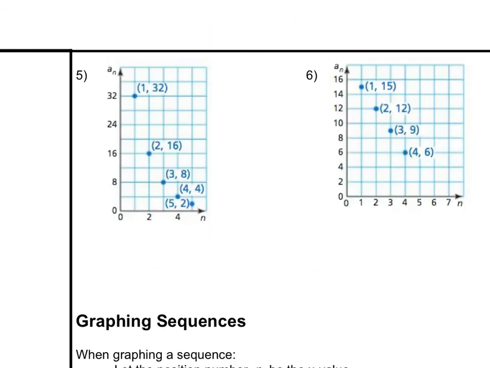You have 32, 16, 8, 4, and 2. Rachel, what's the pattern, do you think?